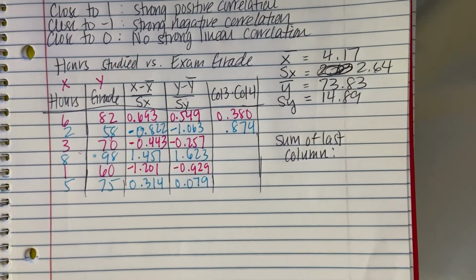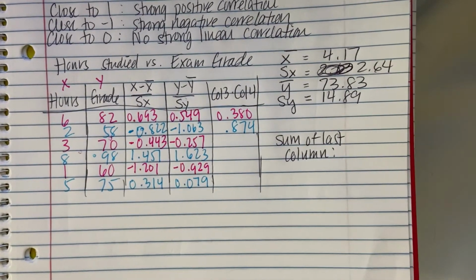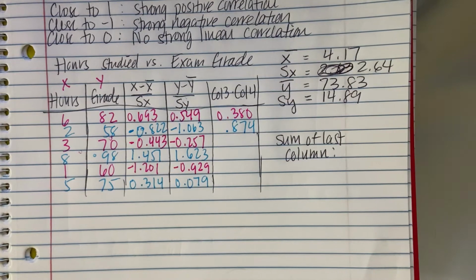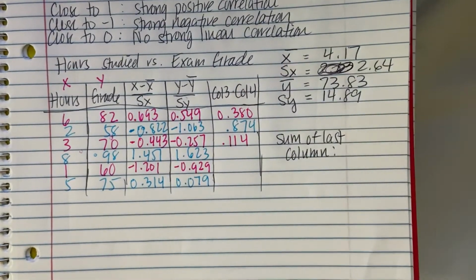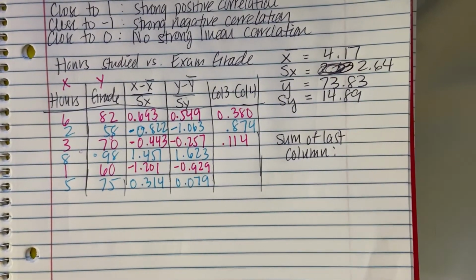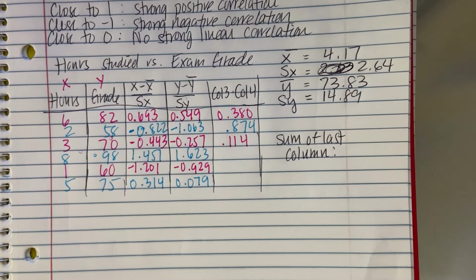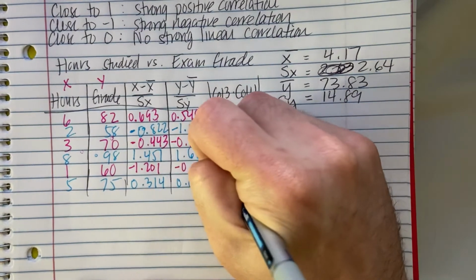And so on and so forth all the way down. Negative 0.443 times negative 0.257 is 0.114. Then we've got the 1.451 times 1.623, which is 2.355.